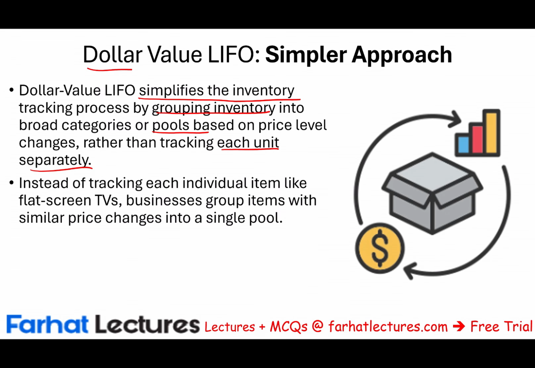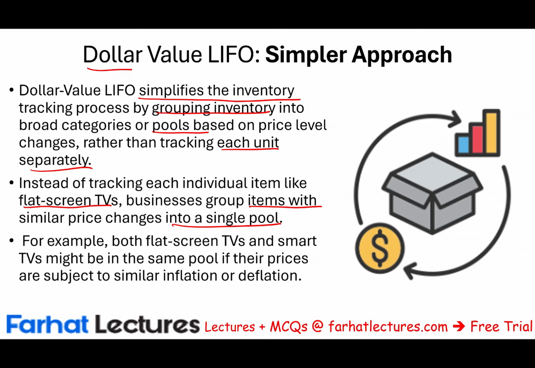Instead of tracking each individual item like the flat screen TVs, a business groups items with similar price changes into a single pool. So we can include all the flat screen TVs together and keep track of the value of that pool. For example, both flat screen TVs and smart TVs can be in the same pool if their prices are subject to similar inflation or deflation.